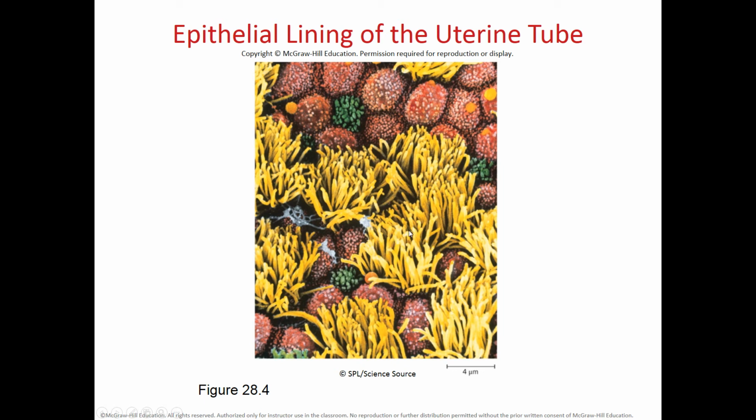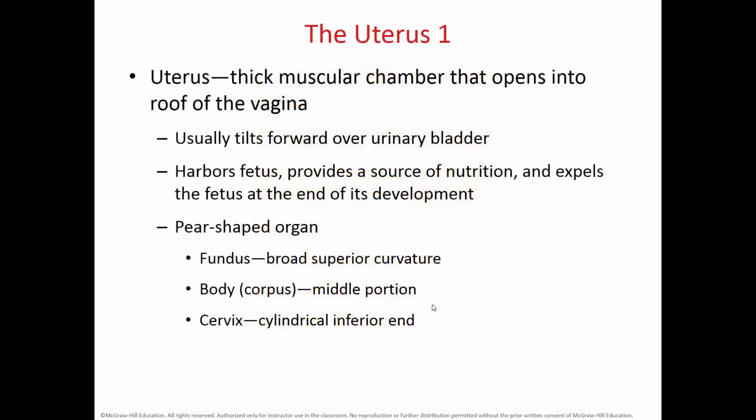This cilia sweeps so it can bring the fertilized or unfertilized egg into the uterus. When someone has an STD, the bacteria start destroying these cells and these cilia, and then it creates scars that can obstruct the lumen of the uterine tubes.